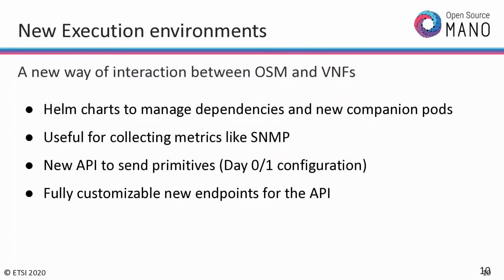So, new execution environments. We are adding this to OSM-8. This is a new way of interaction between OSM and VNFs. We are using Helm charts to manage dependencies and new companion pods. So we are allowing vendors to put new companion pods that help OSM to communicate with the VNFs. For example, one of those is the SNMP exporter that Prometheus offers, and we are putting it alongside each VNF.